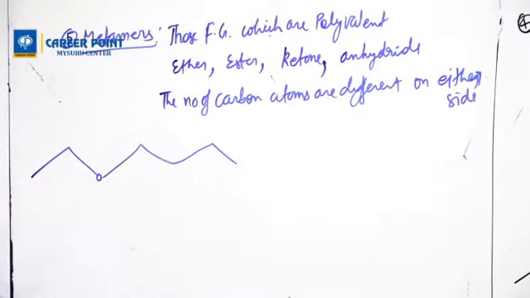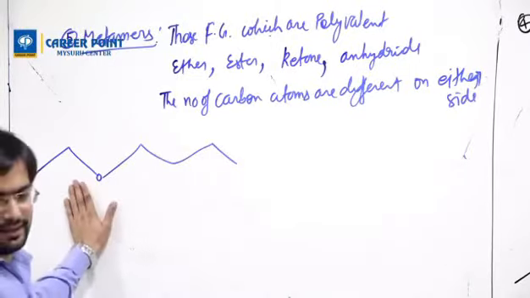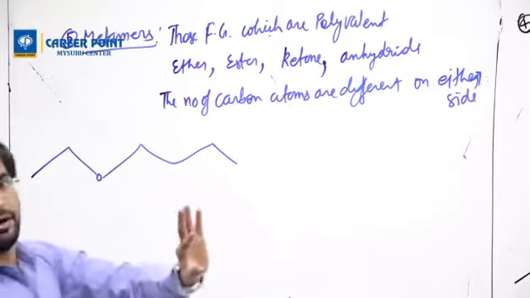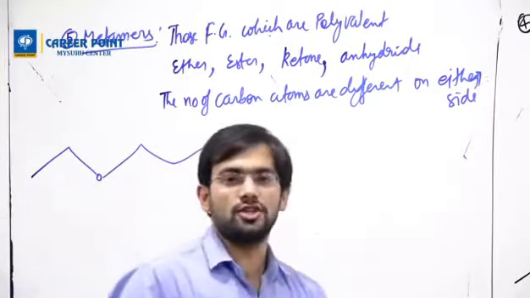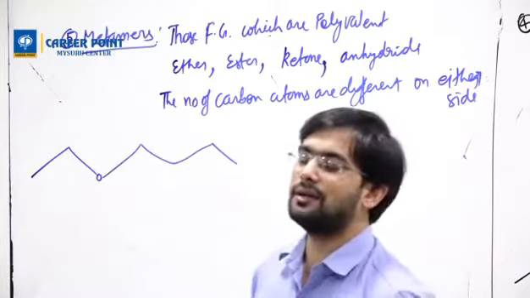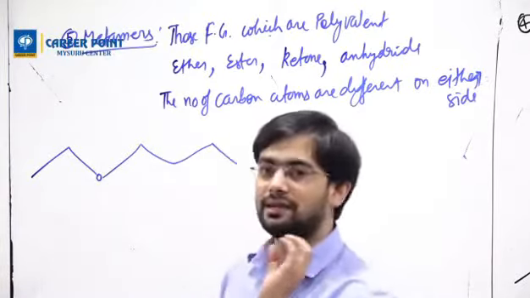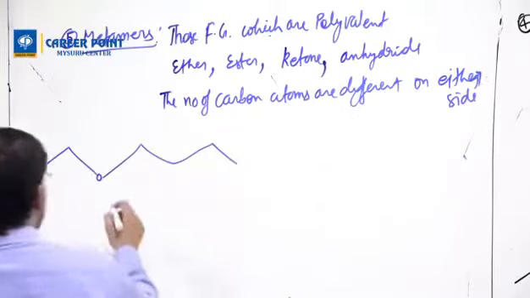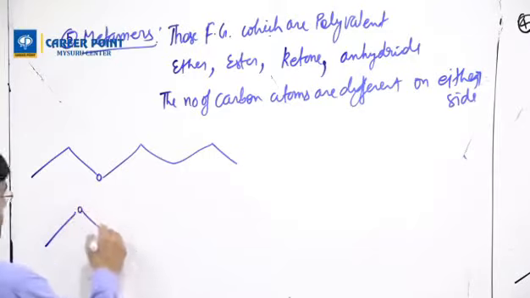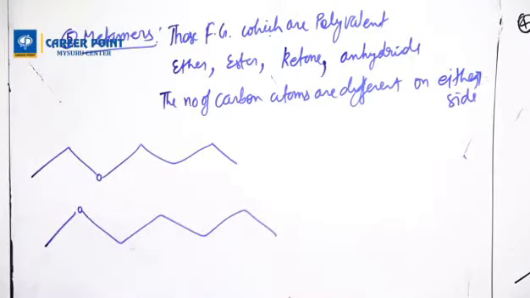This is an ether. Now once you have ether in metamers, you will not change the functional group. What you will change is the number of carbon atoms. It means the functional group stays the same. This is oxygen. What I can do is draw oxygen here this way.